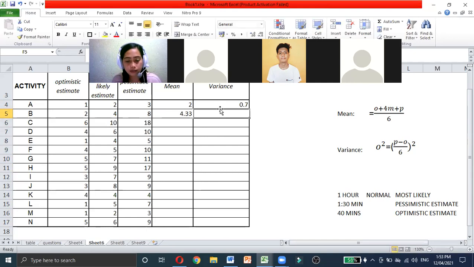And the variance is 1. Okay, that is 1. How about activity C, the mean and the variance?